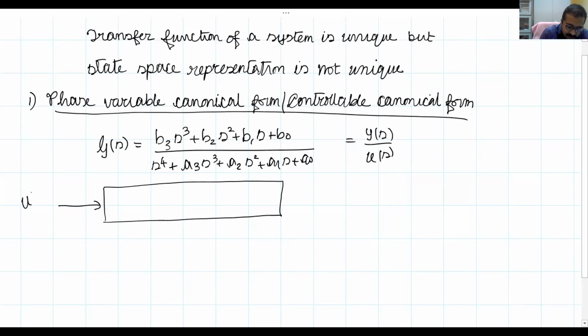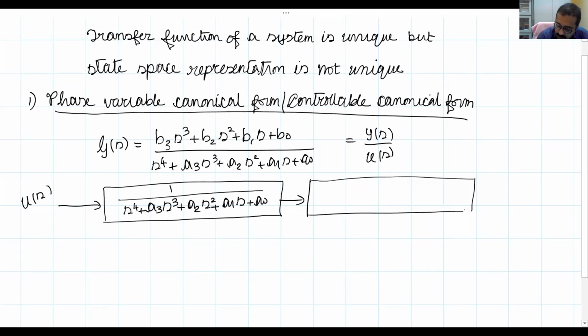This is my input, followed by a block 1 by s raised to 4 plus a3 s cube plus a2 s square plus a1 s plus a0. Then another block contains the numerator part, b3 s cube plus b2 s square plus b1 s plus b0, and this is the output Y of s.